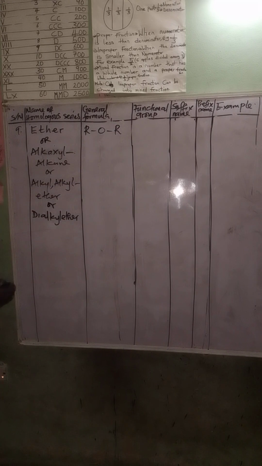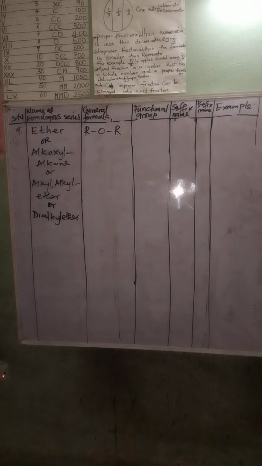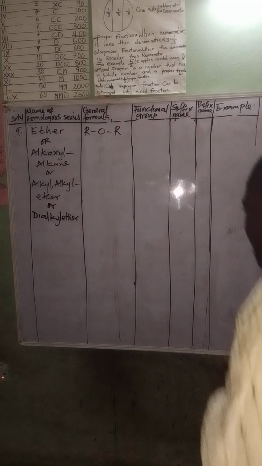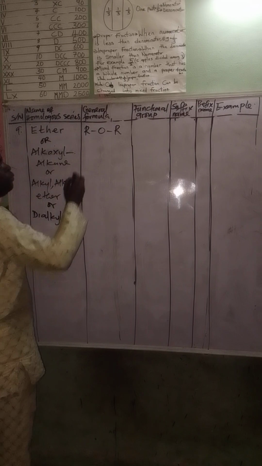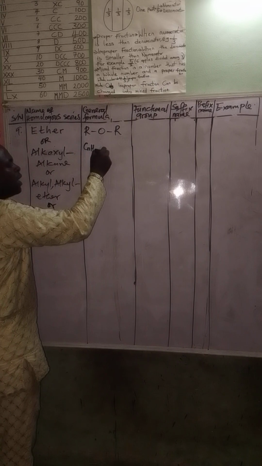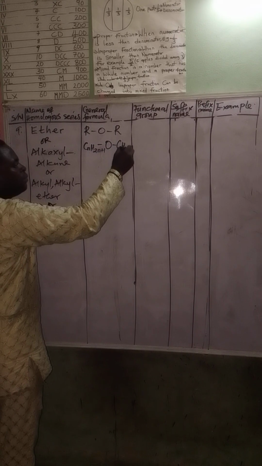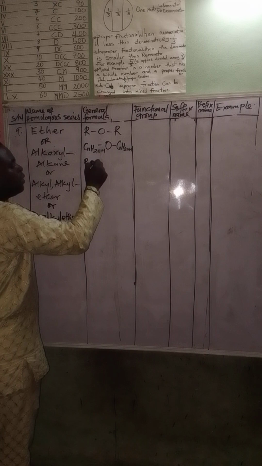Don't forget, we said the functional group is a carbon-to-carbon covalent bond, an atom or a group of atoms. Here it is an atom of oxygen in between two alkyl groups. The alkyl group can be CnH2n+1, then you have oxygen between them, then another CnH2n+1. The R is an alkyl group.